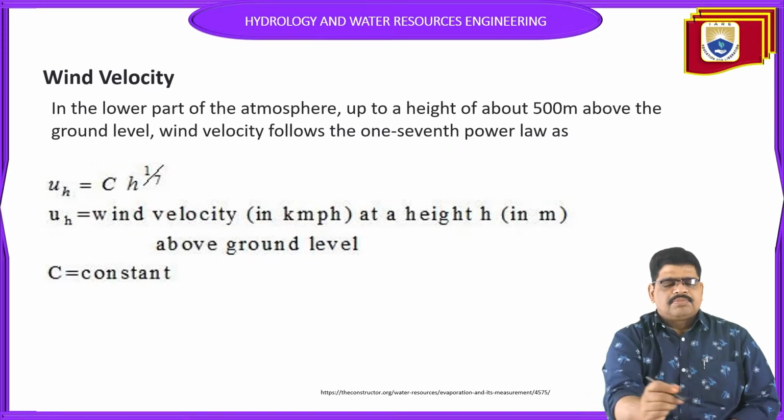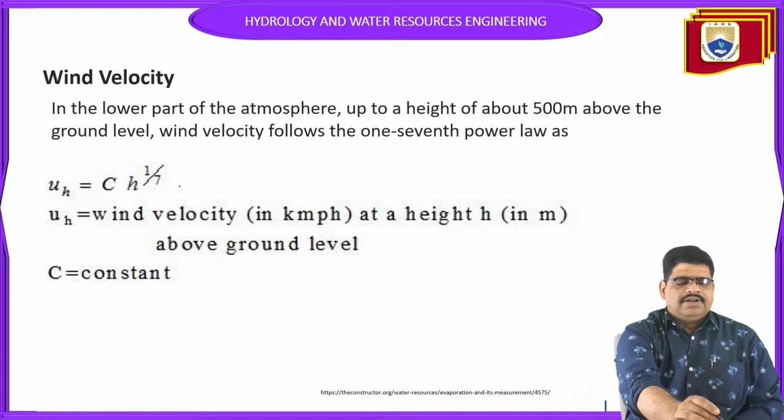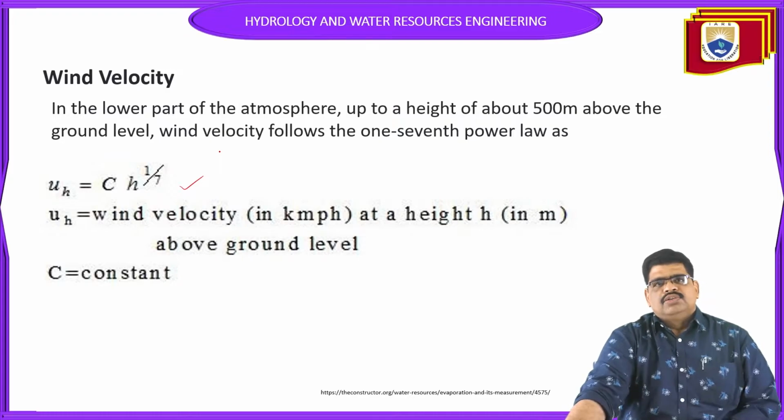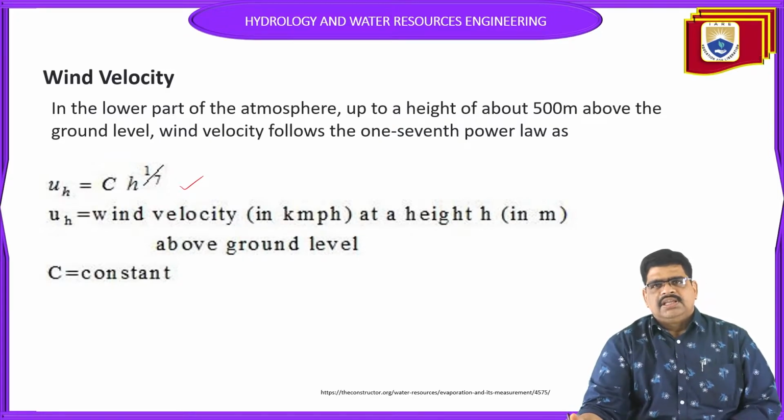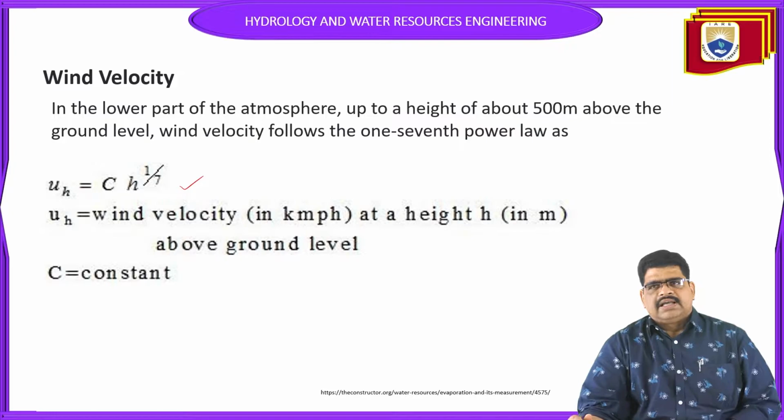This is the formula to find the wind velocity, where Uh is equal to wind velocity in kilometers per hour at a height h in meters above the ground level, and c is equal to a constant. So this wind velocity can be used in the empirical formulas for calculating evaporation.